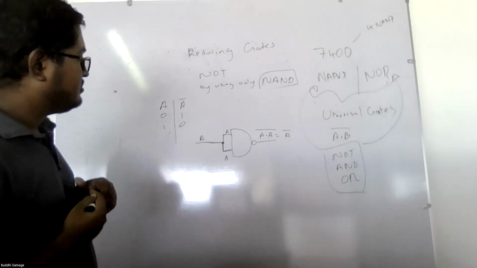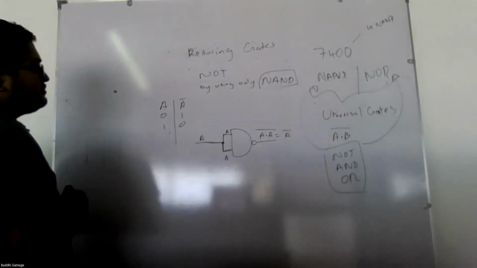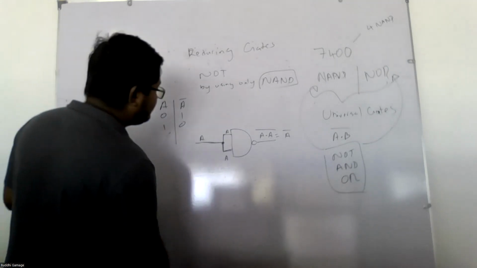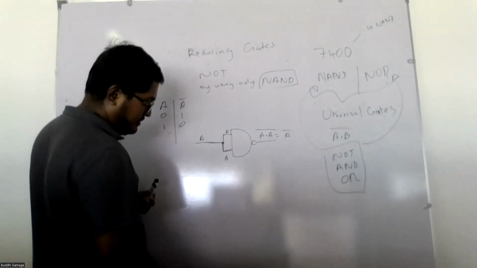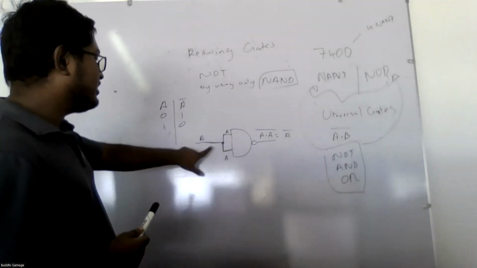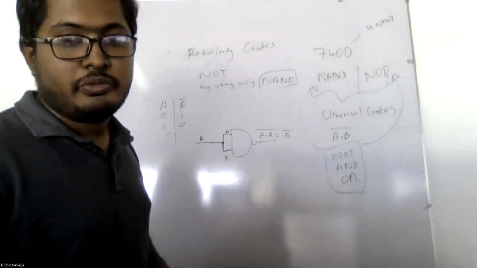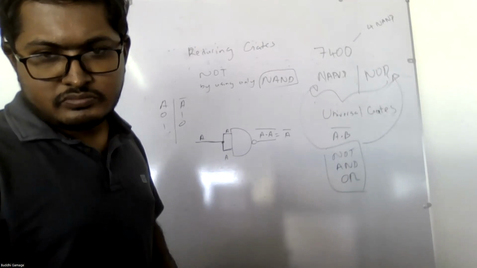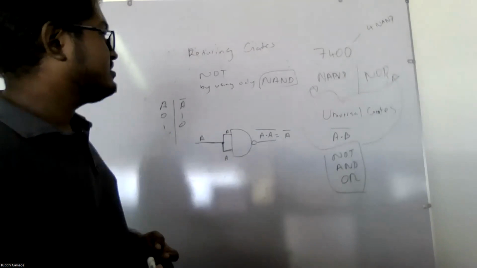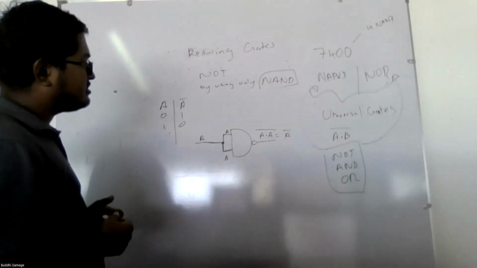As I mentioned, usually we design logic gates using these functionally complete sets of gates, the universal gates, NAND and NOR. So when we are designing a circuit, we actually don't need multiple kinds of gates.